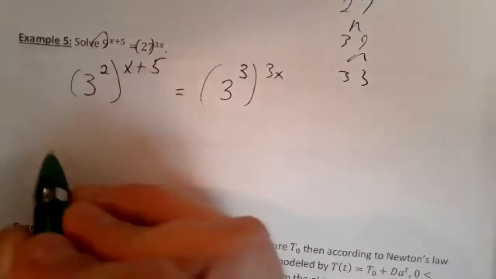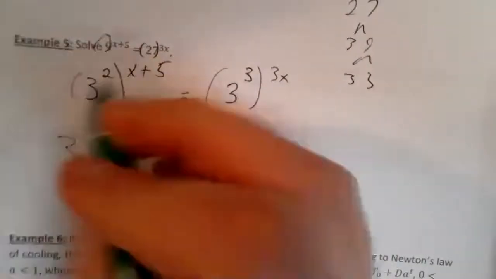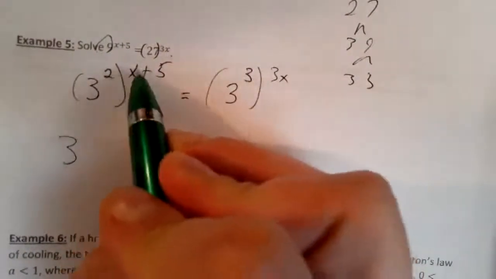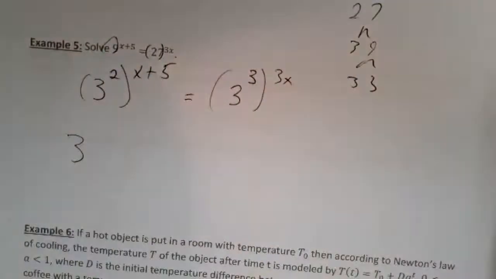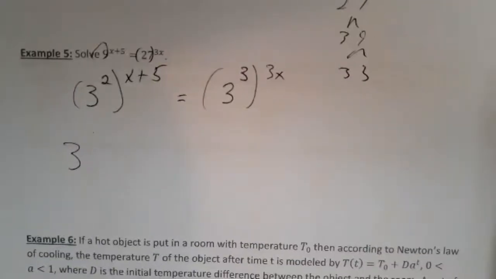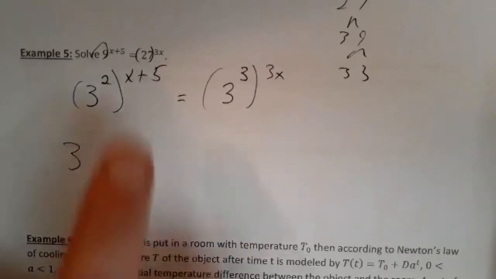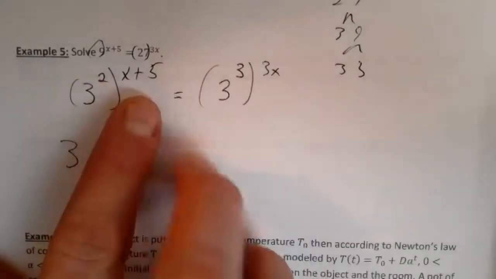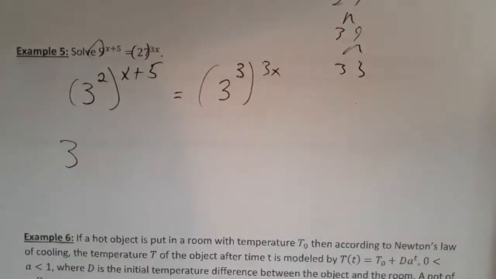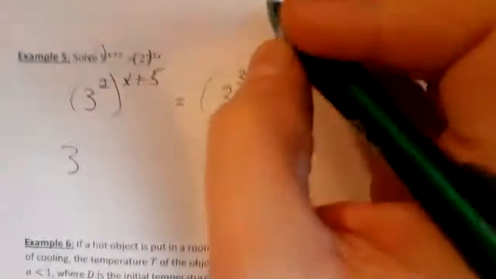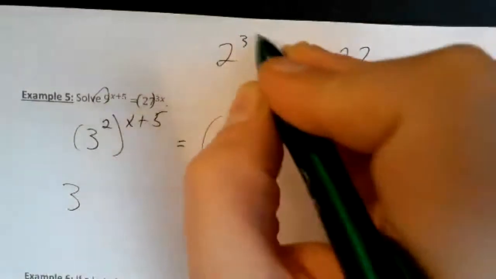You might notice that this is a base 3. And if we have 2 exponents, do you remember the exponent rule? The operation between the exponents, between 2 and x plus 5, the operation there should be... did we do something like that?